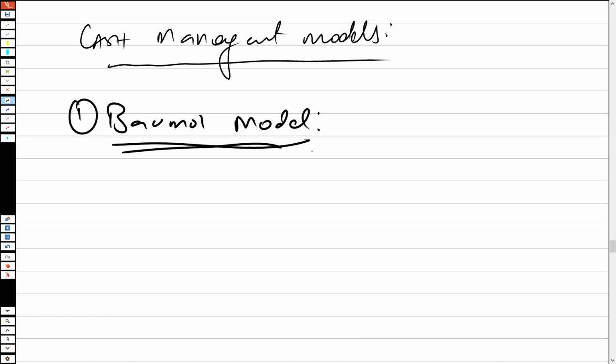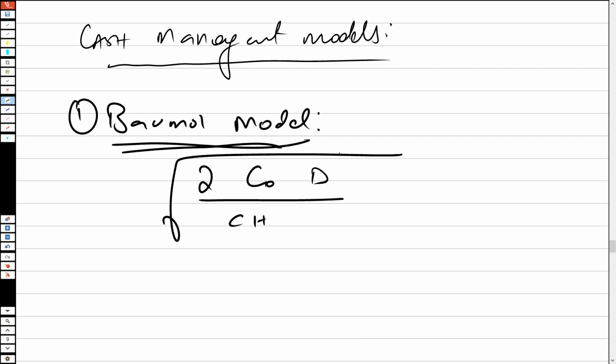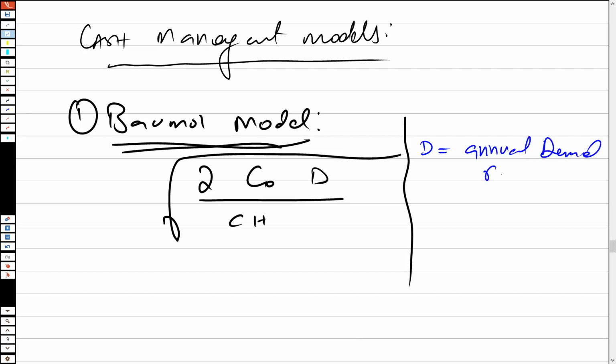Under the Baumol model, we again follow the same formula, which is the square root of 2CoD divided by Ch. Over here, D is the annual demand for cash.